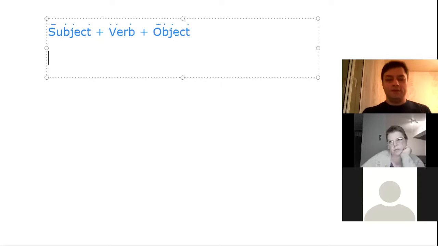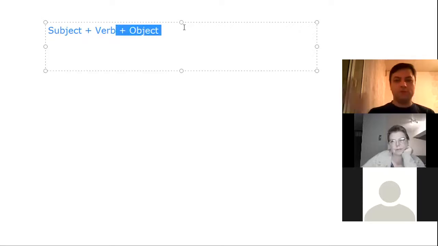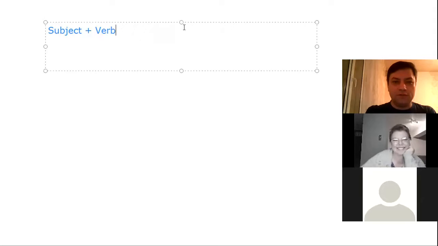Therefore, we make things as simple as we can, because we want to learn step by step and improve little by little. So we simplify things, and first we create sentences without object. The object will blow your mind. So many things to learn. So we get rid of the object. We want to have subject and verb.